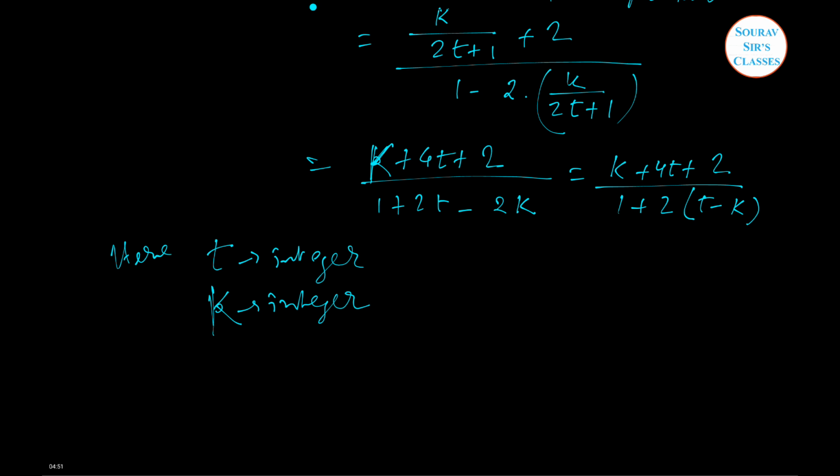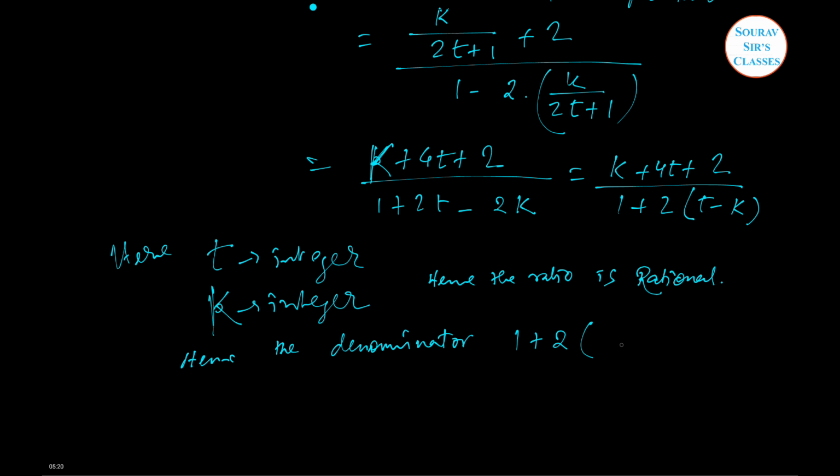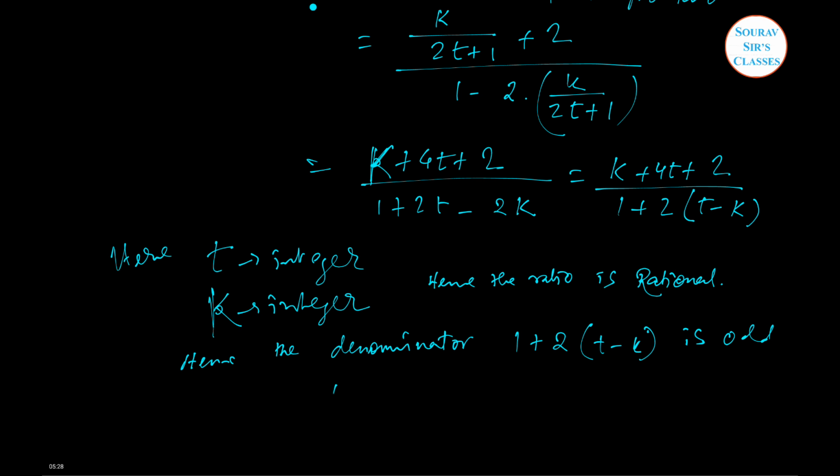So the ratio we found is a rational ratio. With respect to the denominator, we can say the denominator 1 plus 2t minus 2k is odd. Proved.